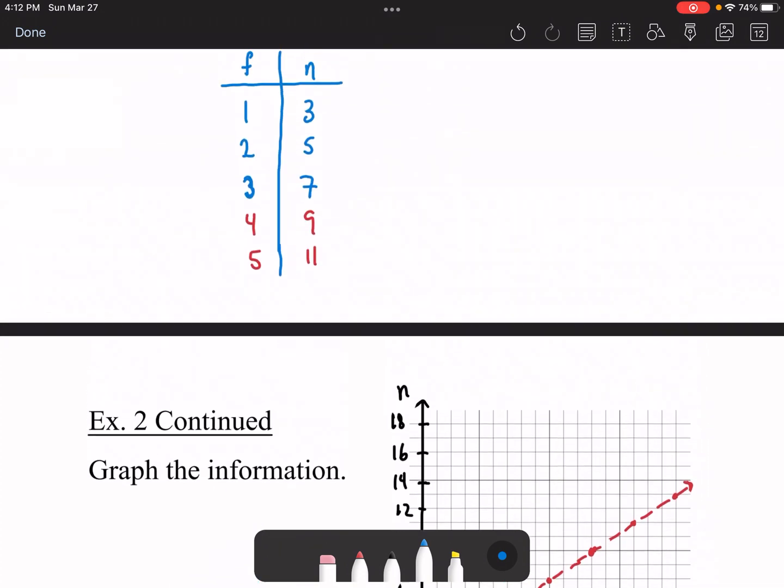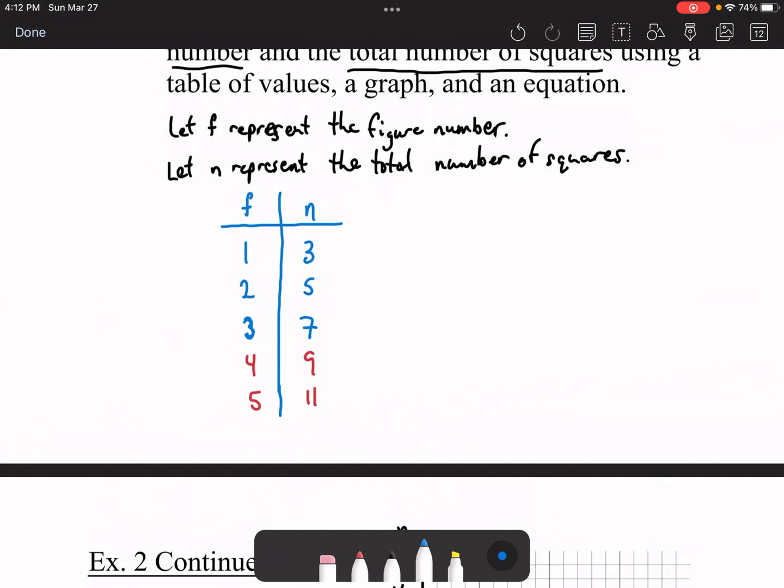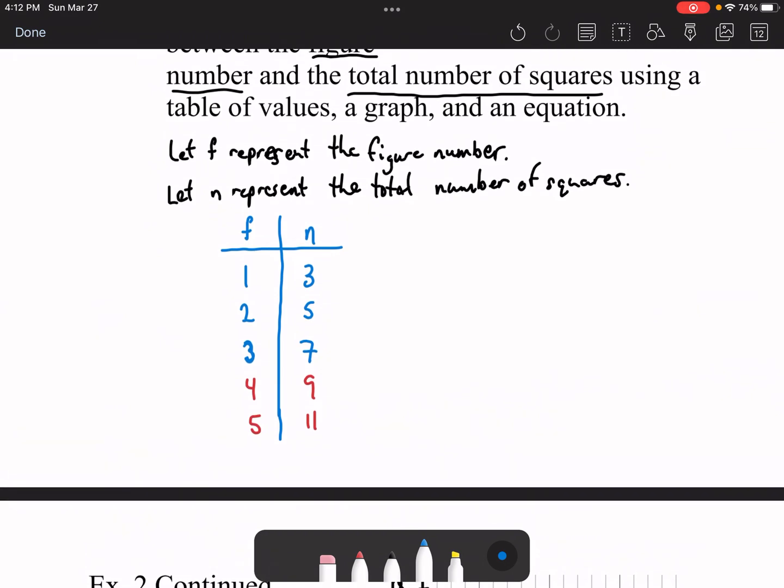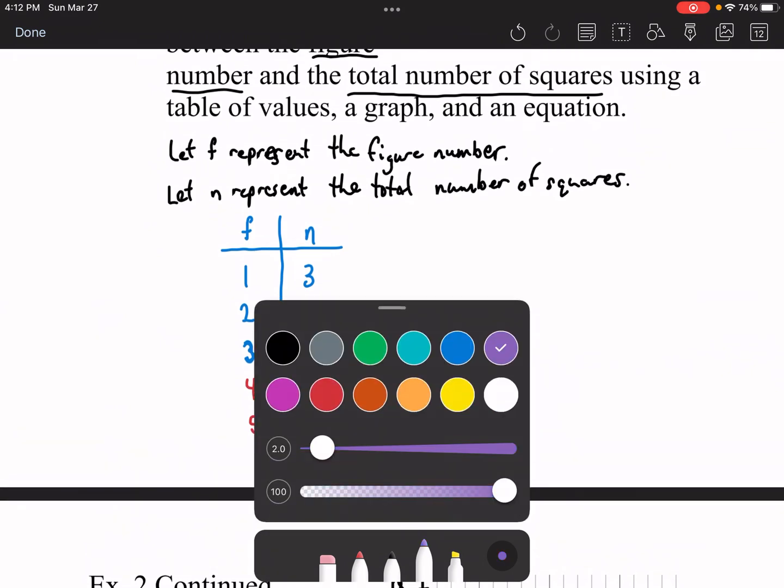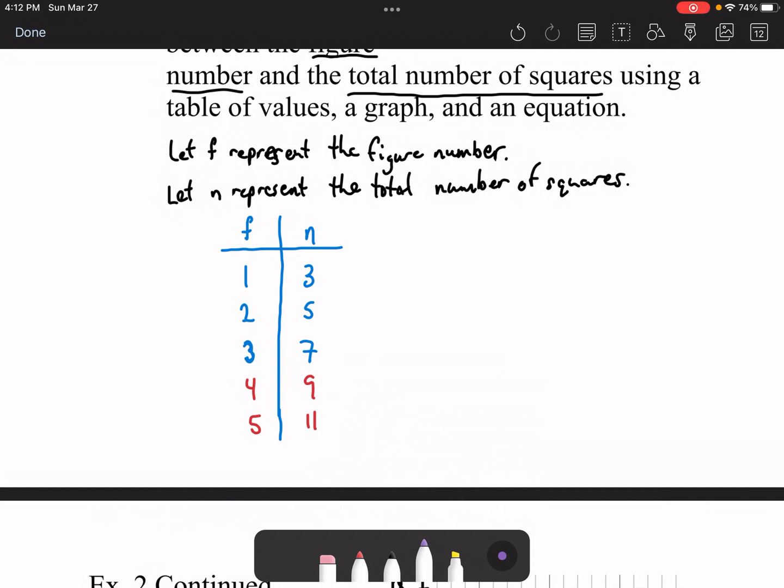I find using the table of values easier for myself. So, if you double your figure number, whatever that might be, and add 1, you get the total number of squares. Not sure if you realize that.